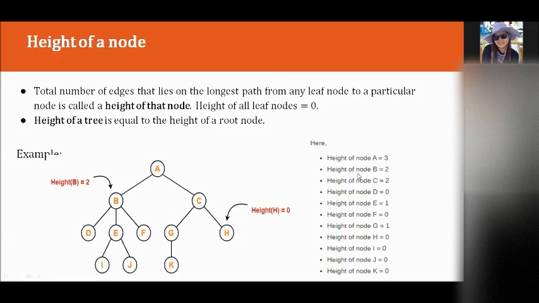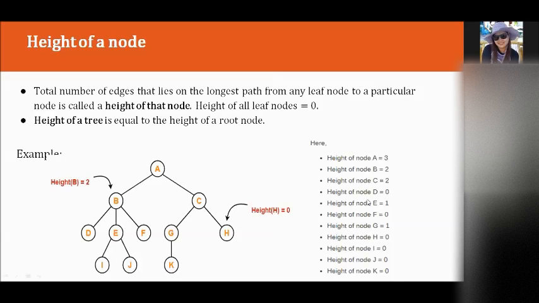So, if you will notice, guys, on the level, it is level 2, right? But in a height, this is a leaf node. So height of all leaf nodes is equal to 0.